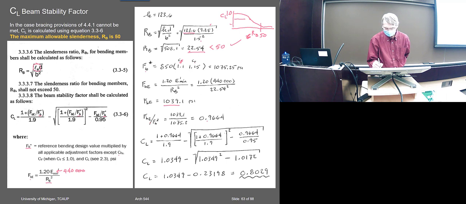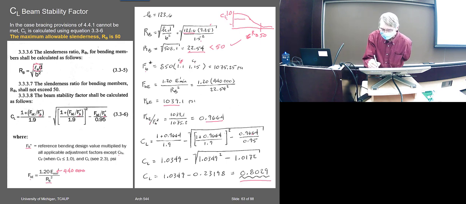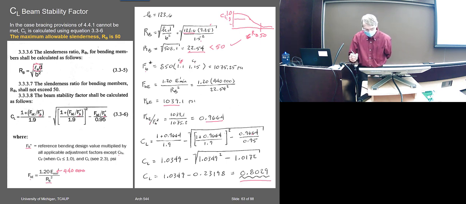You find this ratio, 0.9, and then you just run it through this equation and come out with a number, 0.8. Okay, so apparently this was 0.8 right up there. Okay, so we got that.